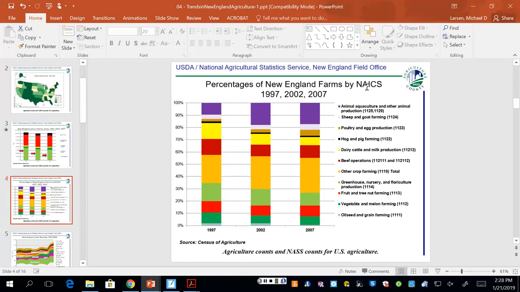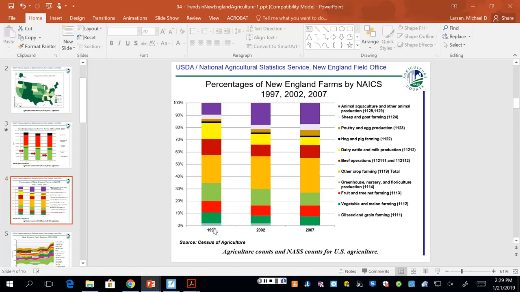Percent of New England farms by North American Industrial Classification System, something like that, right? And the percent. So this is a categorical or qualitative variable with a lot of different categories. And it looks like, what's the purple one? Animal aquaculture and other animal production. Seems to have gone bigger there.